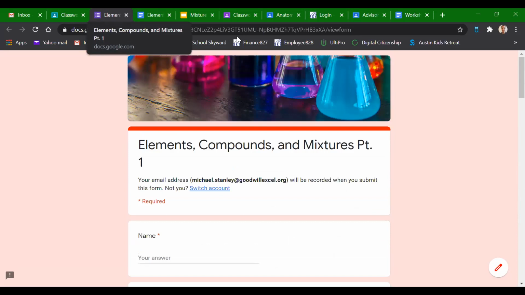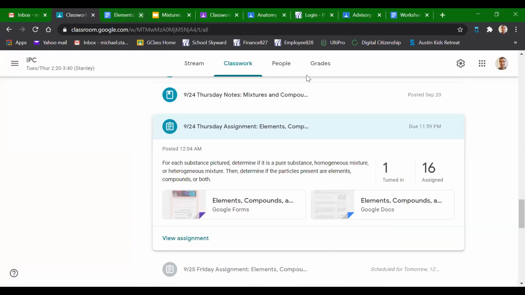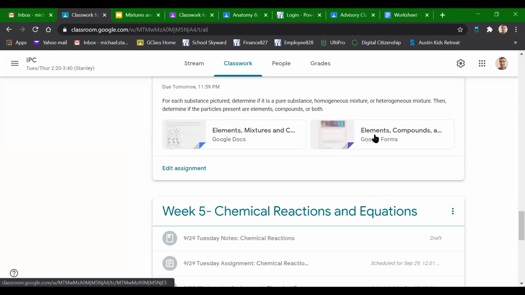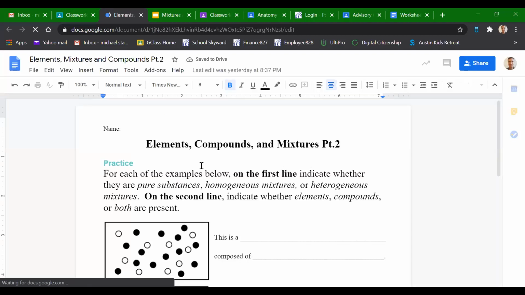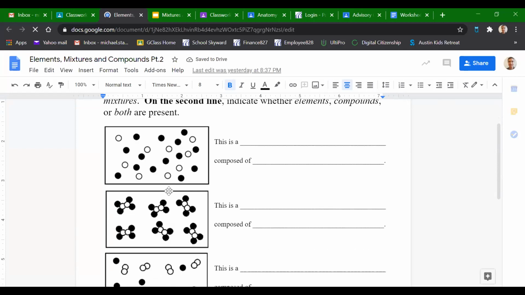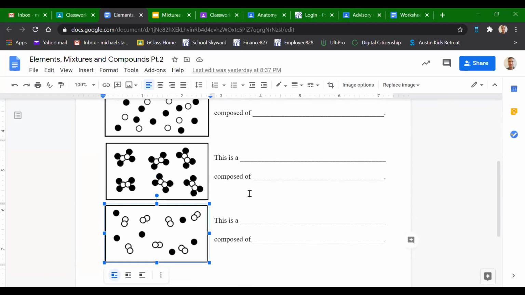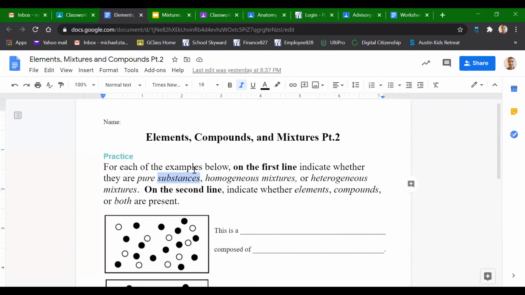And then the assignment that's going to be posted tomorrow that you can do if you want to get your Friday attendance is essentially just a continuation of that same thing. So the Google Doc and the Google form are set up just like before. You have some different pictures. This time there's 3 of them instead of 2. But for each one, I still want you to tell me what type of substance is present. Is it pure, homogeneous, or heterogeneous?